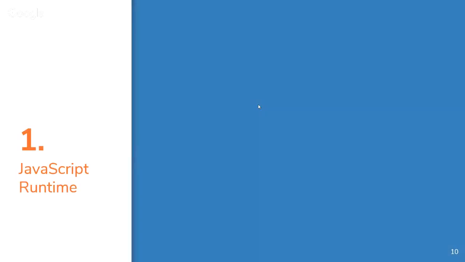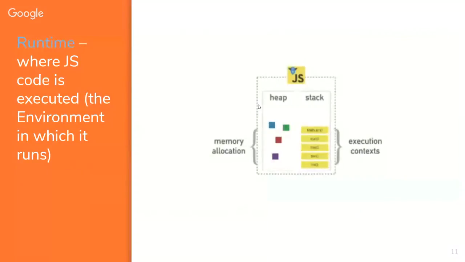Okay, so let's have a look at what JavaScript runtime is. Now, I don't know if you can see the image here all that well. Runtime is the environment in which JavaScript code is executed.